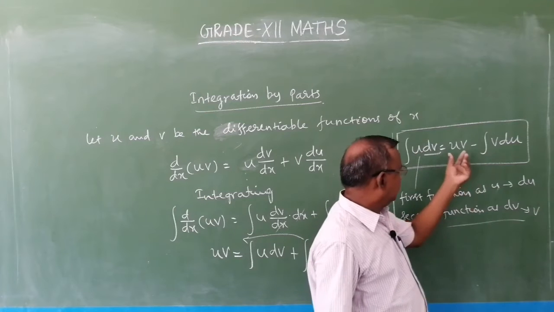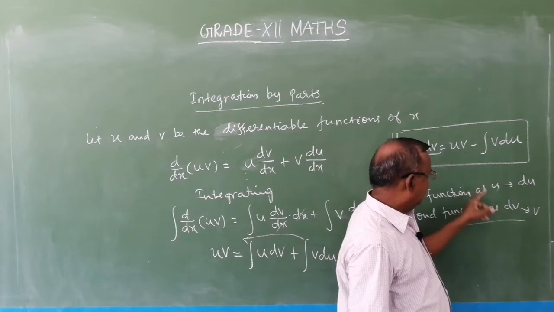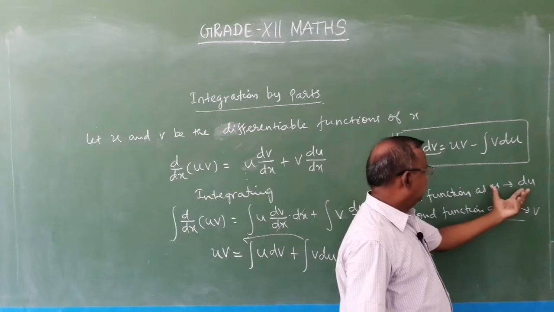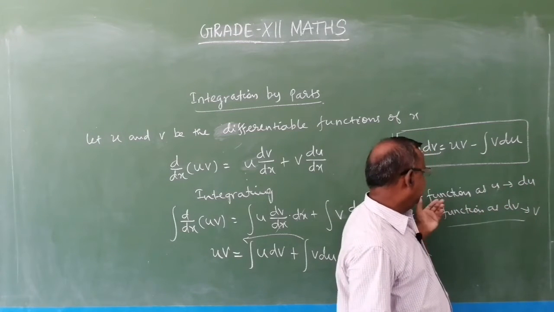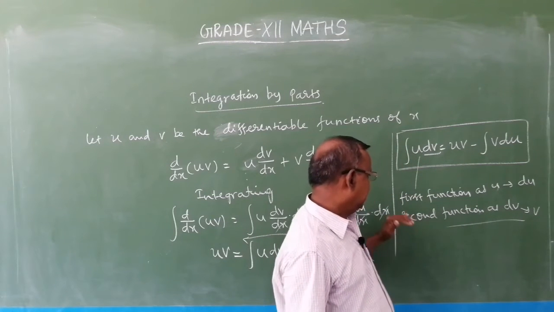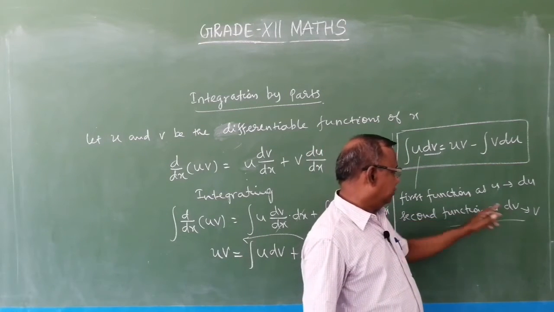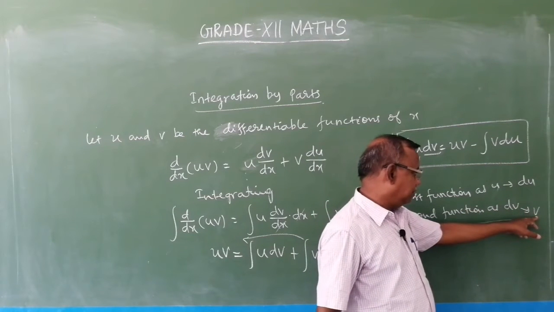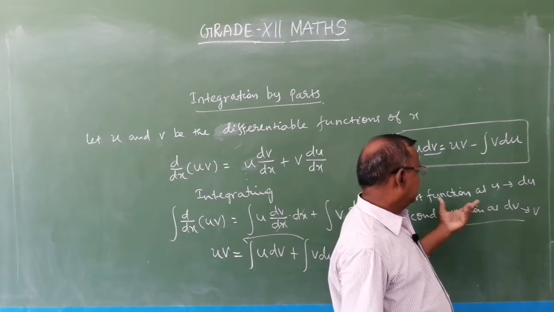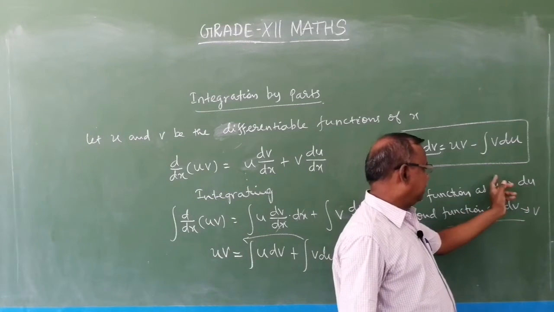So, we obtain these by differentiating the first function and integrating the second function. Then only can we obtain all these.